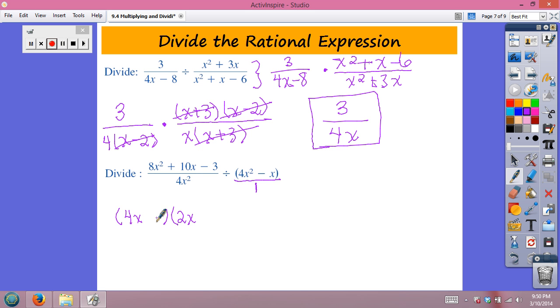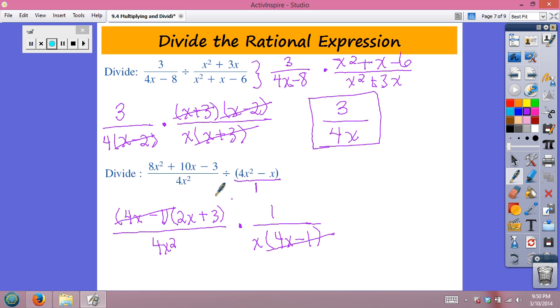And to get the 10 in the middle, we're going to want a -1 here and a +3 here, all over 4x squared, and times 1 over x times 4x minus 1.